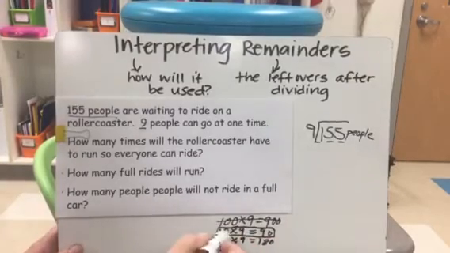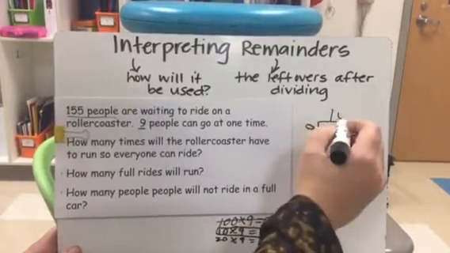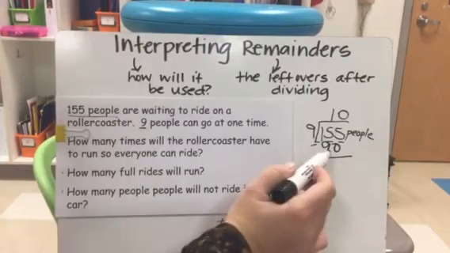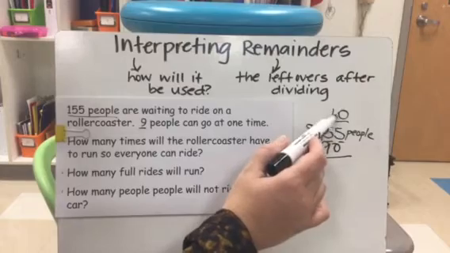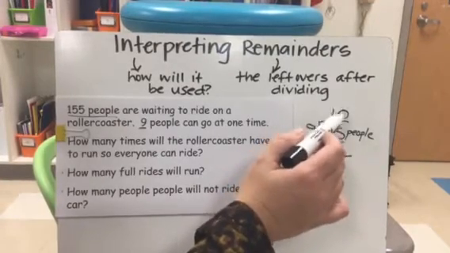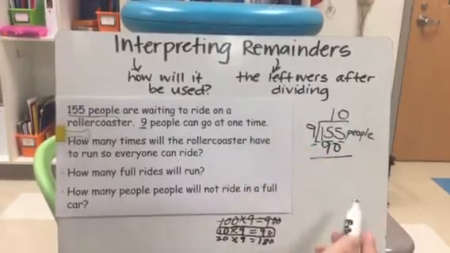And I'm going to get that 10 groups of 9 is 90. So all 3 parts need to be in here. 10 groups of 9 is 90. What that means is these 90 people just went on the ride and it took 10 times. 9 people went once, twice, 3 times, 10 times for the 90 people to go.